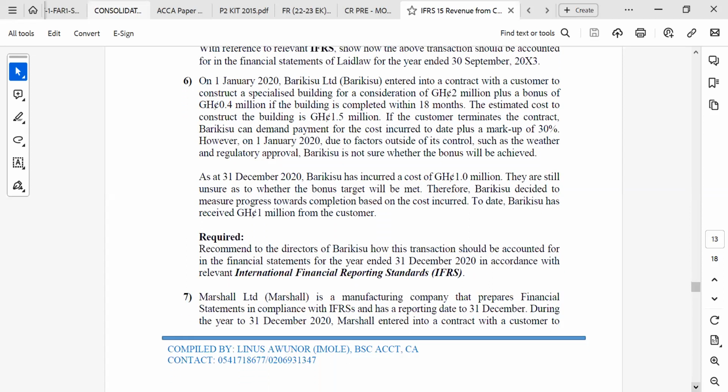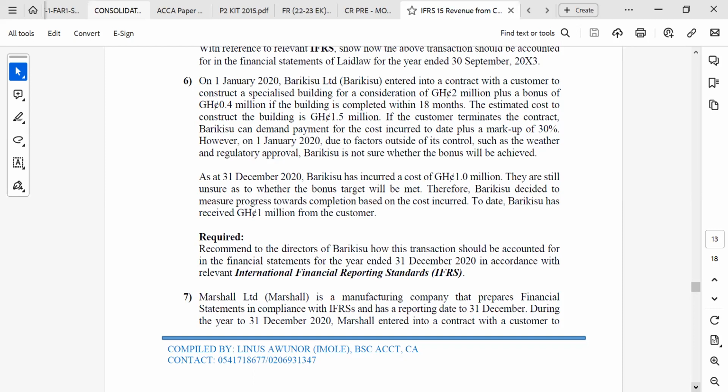On 1 January 2020, Barkisu Limited entered into a contract with a customer to construct a specialized building for consideration of 2 million Ghana cedis, plus a bonus of 0.4 million if the building is completed within 18 months.